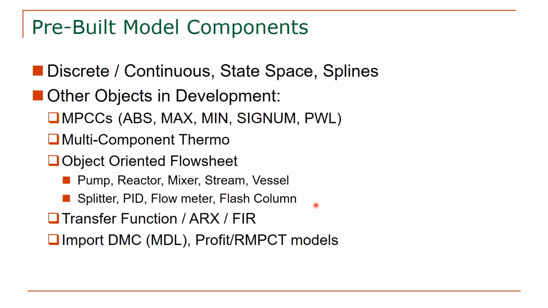We're also looking at some of these other options like mathematical programming with complementarity constraints to approximate some of these discrete functions, adding in some thermodynamics or some flow sheets, so you can just piece together some of these pieces of process equipment in your code, or transfer functions, etc. So this is also an active area of development, but we do have some built in already.